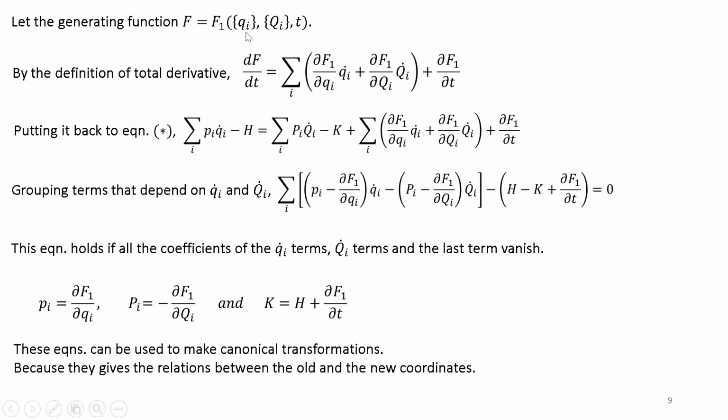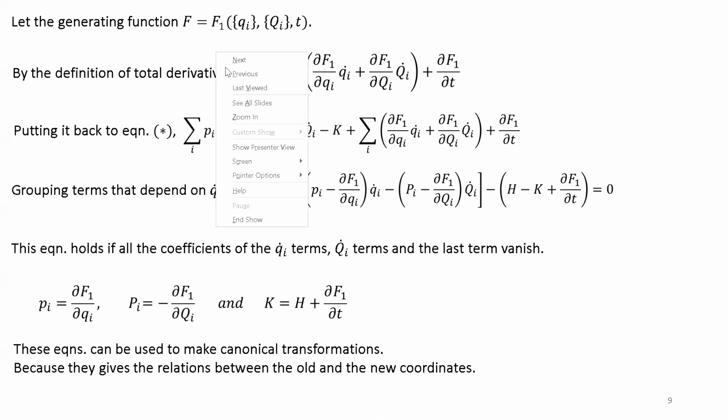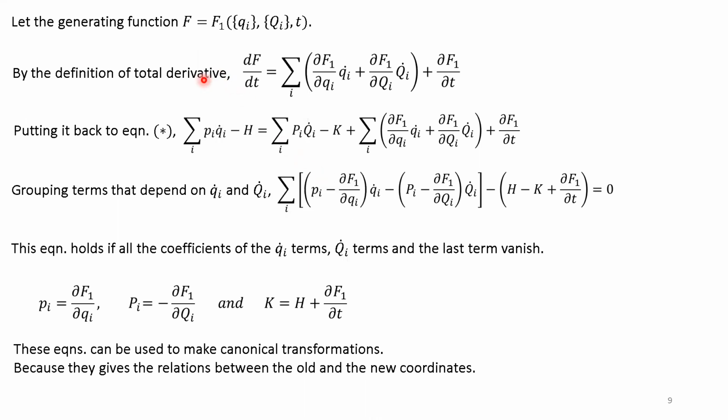But here I'm considering a special type of function which only contains small q and capital Q. It does not depend on small p and capital P. Looking at this, by the definition of total derivatives, this is what I write down.